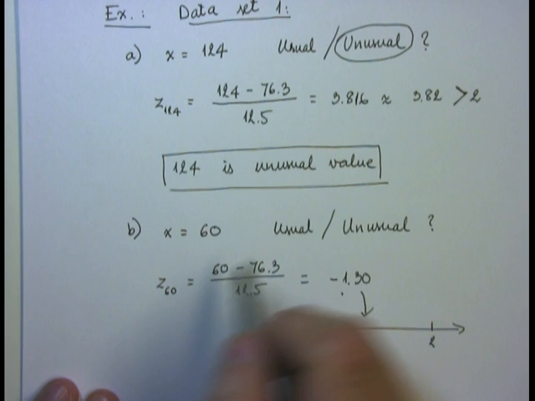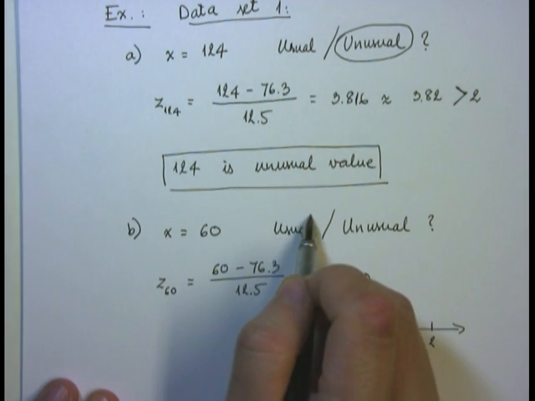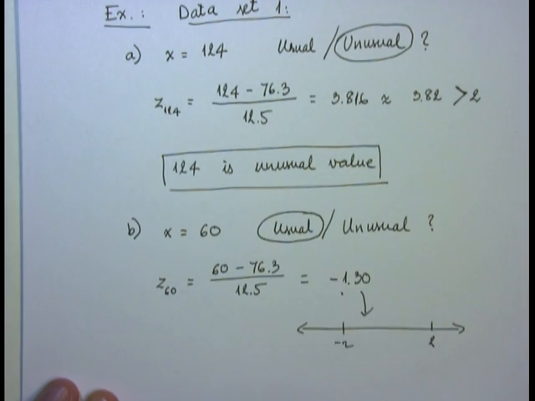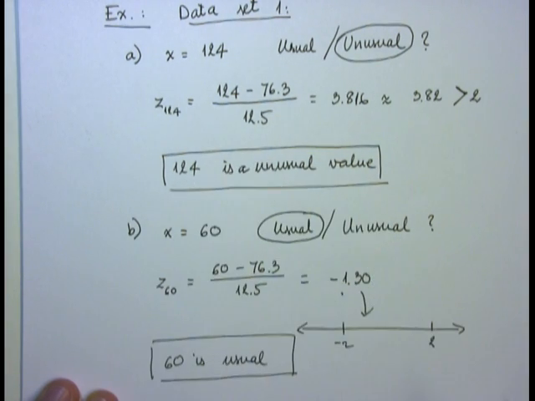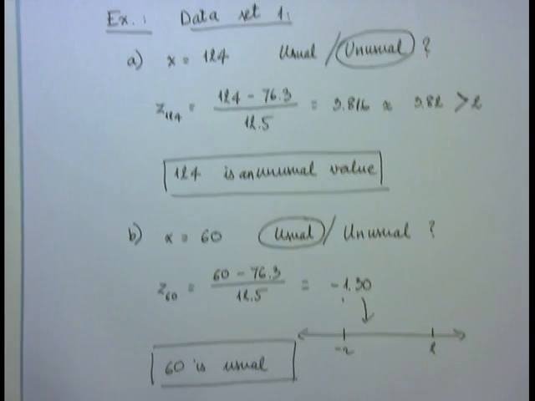That means this data value 60 is actually a usual value. So 60 is usual, and 124 is an unusual value. And that's how we can determine whether a data value is usual or unusual.